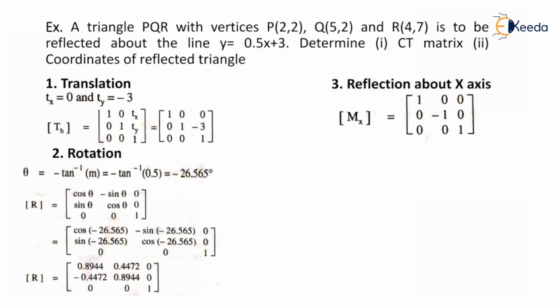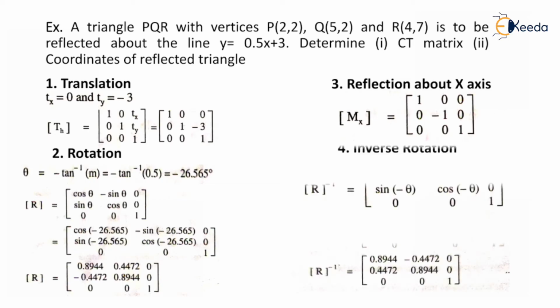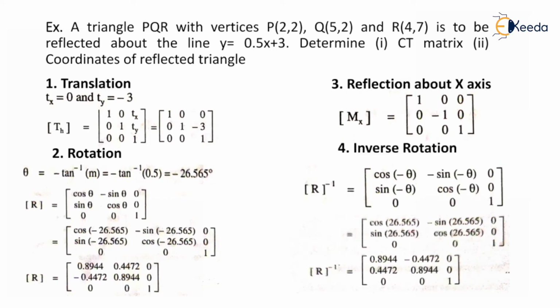Next step, reflection about the x-axis. Now we are reflecting the original triangle. Until now we had not reflected; now we are doing the reflection process. So once reflection is done, the reverse operations start. In the reverse operations we have to give the inverse rotation.